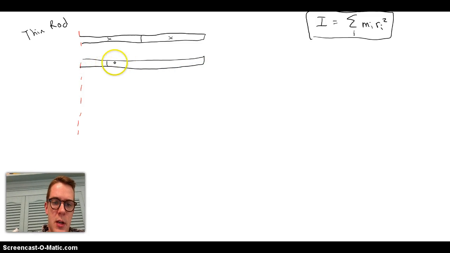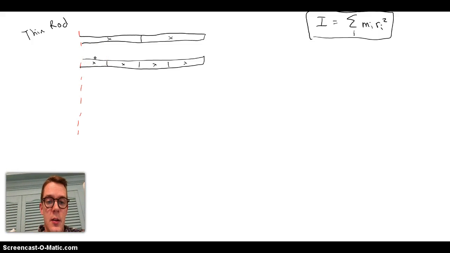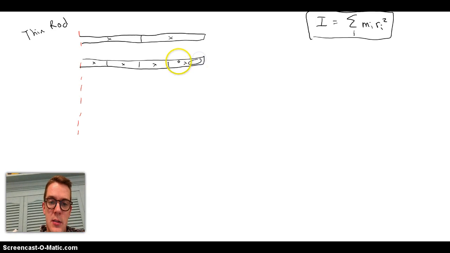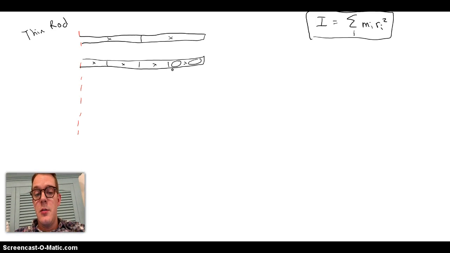So let's say we broke it into 4 pieces. And again, we could say these are the locations of the center of mass. We still run into the same problem because the mass on this side of the center of mass is contributing more to the moment of inertia than the mass on the left side of the center of mass of each chunk.